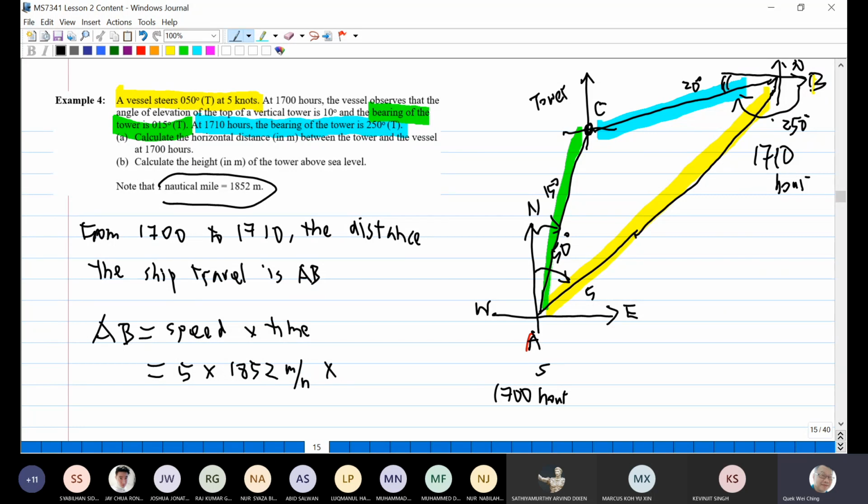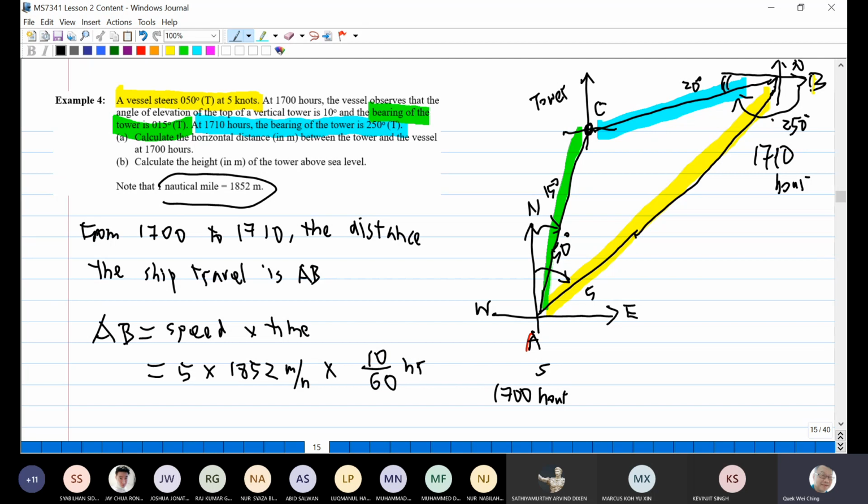The time taken from 1700 to 1710 is 10 minutes, which is 10 over 60 hours.